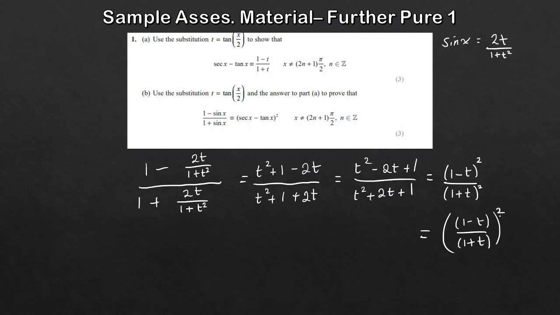If you notice, this is the expression we had in part A. So this is sec x minus tan x. And if we square the full thing, that is just sec x minus tan x all squared. So this is equal to sec x minus tan x all squared, which is equal to this expression here.